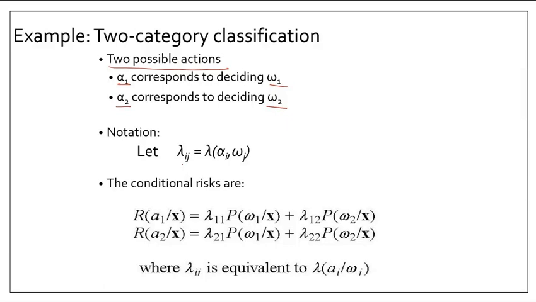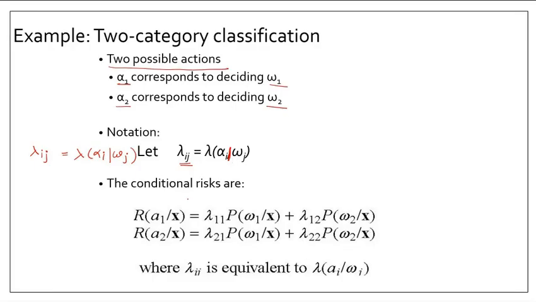And let us have a shorthand notation here. Lambda ij stands for the loss when I take decision alpha i given the true state or true class is omega j. So this should be a vertical line.